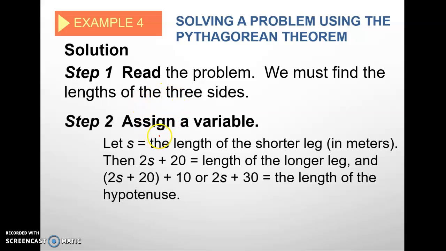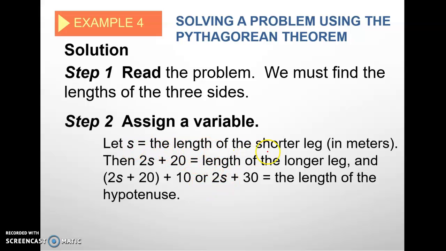Just like what I said earlier, we have to assign a variable. Again, I'd like to reiterate that the representation of the longer leg is dependent on the representation of the shorter leg, and the representation of the hypotenuse is dependent on the representation of the longer leg.